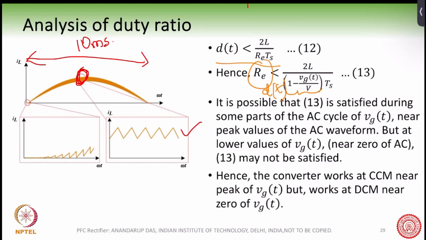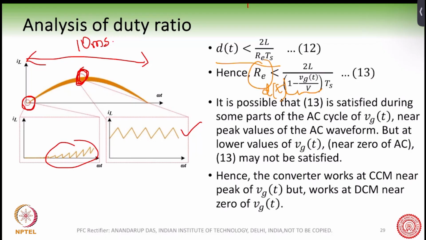But if you zoom into this portion, which is close to zero, this portion is interesting. Here the inductor current starts from zero, and there may be some cycles during this time where we will not be able to maintain this condition, and the inductor current will slowly rise, so it may go into DCM or critical conduction mode.